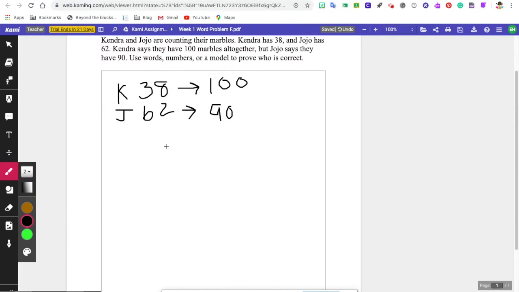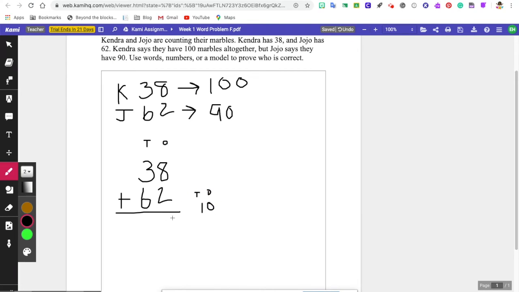What we can do is the vertical method. I can do 38 plus 62 and make sure my numbers are lined up. We have our ones place and our tens place. So 8 plus 2 is 10. Again, ones place, tens place.